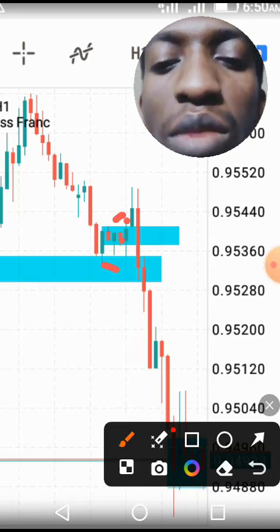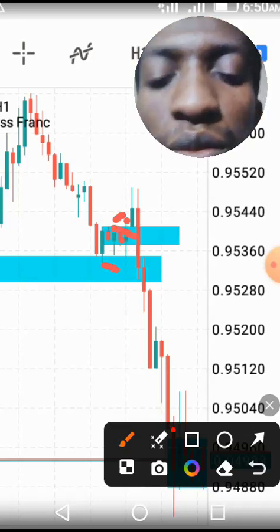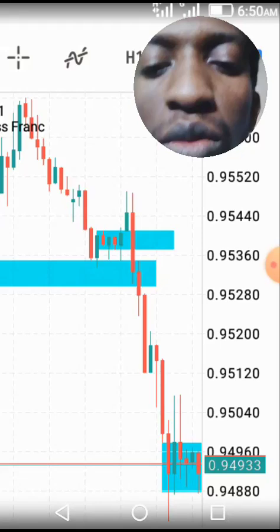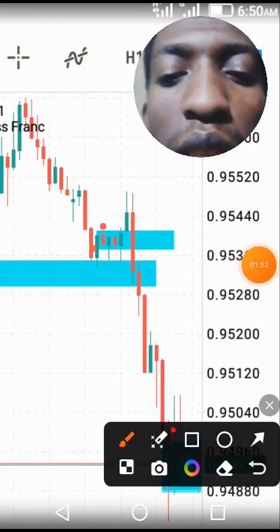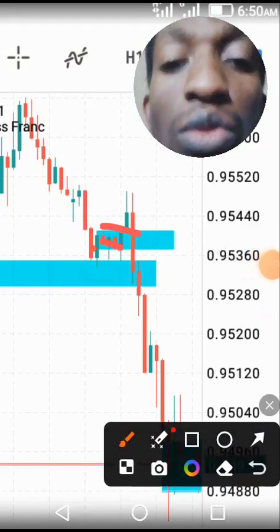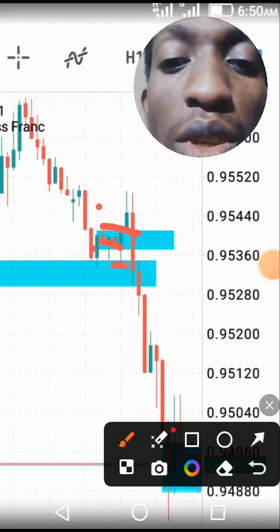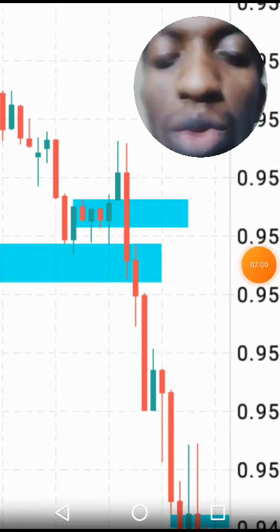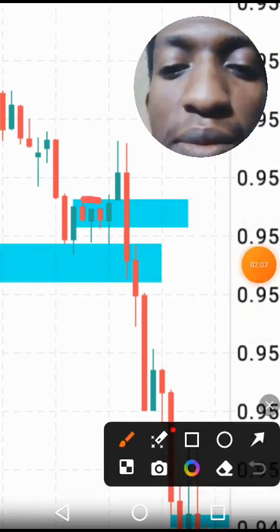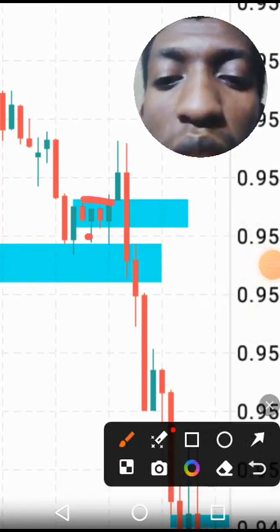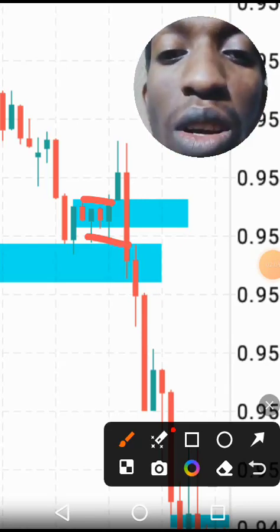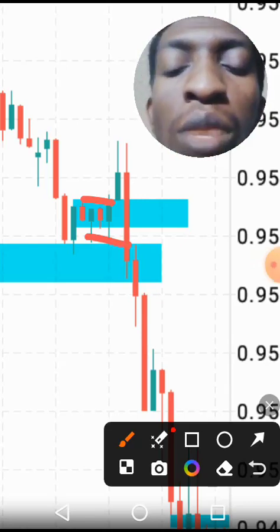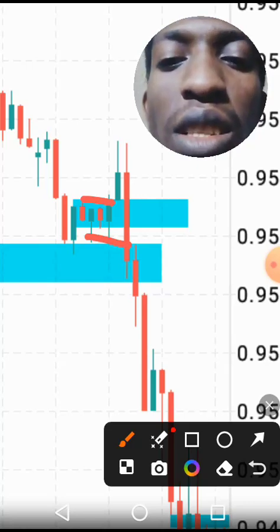But unfortunately, after a little bit, we would take our partials at TP2 because, look at this, you can use equal wicks because it has almost no body.